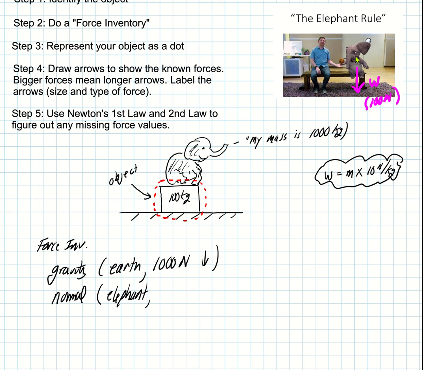Just imagine this elephant was sitting on top of you. How hard would the elephant be pressing down on you? Well, if it's not accelerating, it's going to press down with a force equal to its weight. That doesn't seem too surprising, I think.